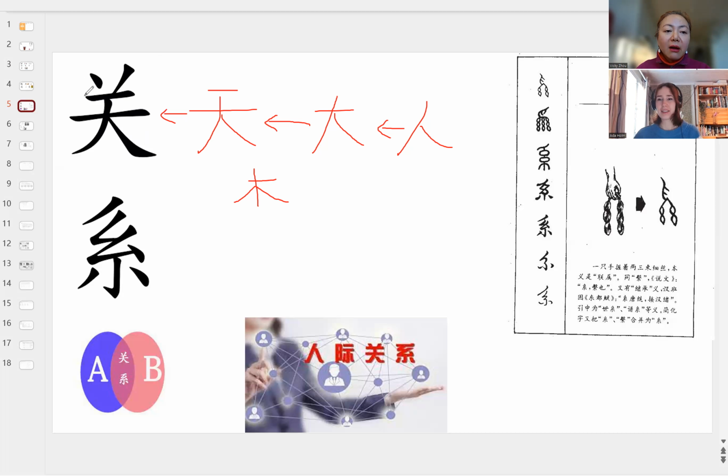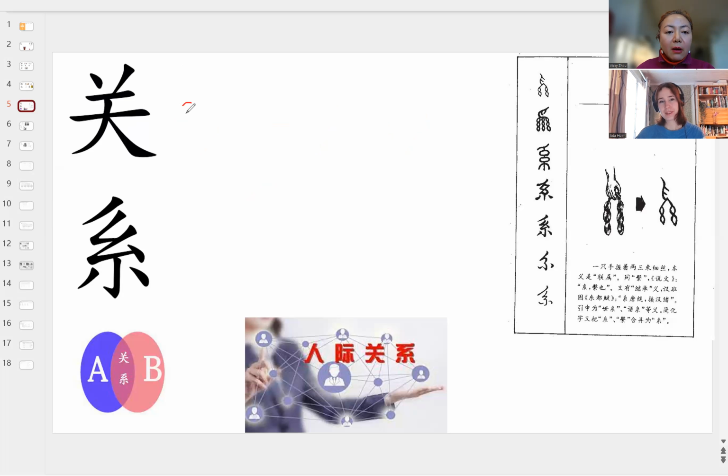Yes, 关灯. How do you say switch off the air conditioner? 关空调. Very good. 关空调. 关 means close, switch off.